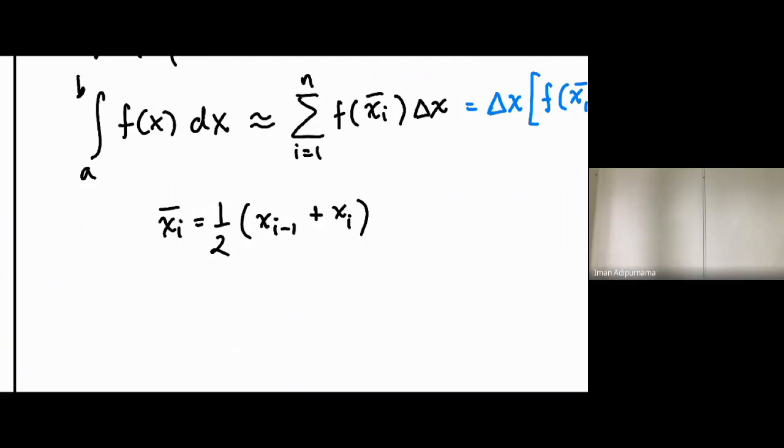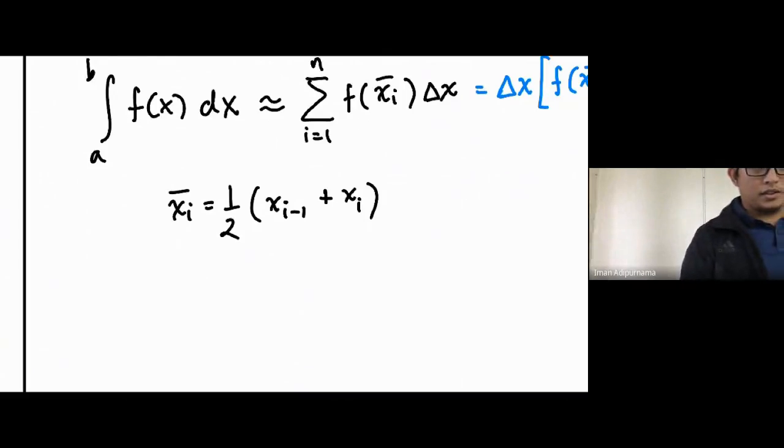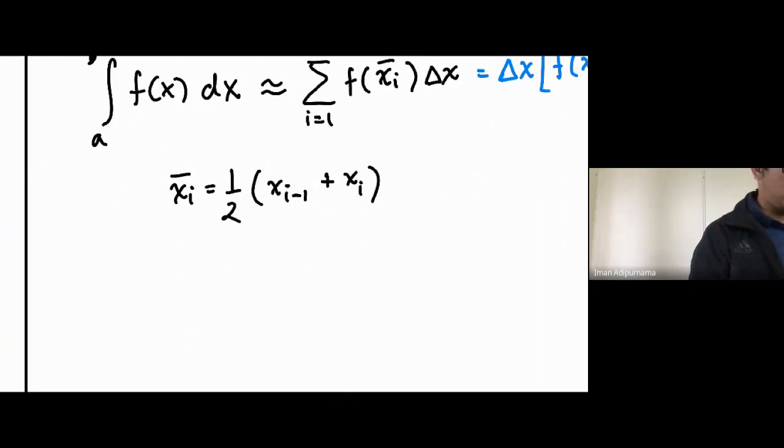It's defined by x_{i-1} plus x_i, meaning, if you want to make sense of this formula, this is the previous term, this is the next term. So x1 and x2, x2 and x3, x3 and x4. So this will be the midpoint of these terms.